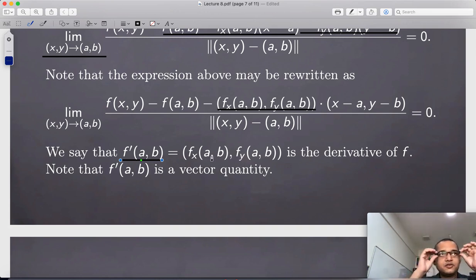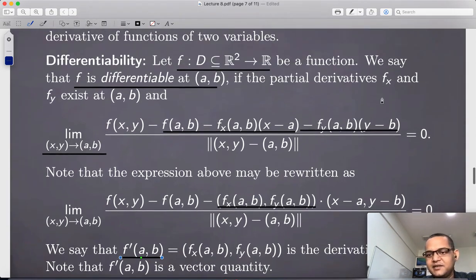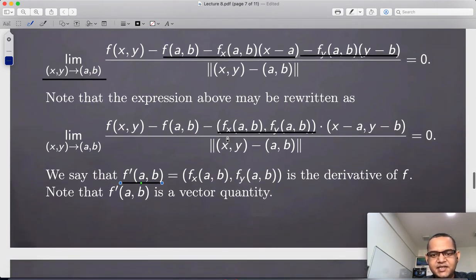If you compare this definition with some of the books, a priori it might look a little weaker, because I have assumed that the partial derivatives exist here. Generally the definition says that if there is a vector alpha such that this limit exists, then the function is differentiable.